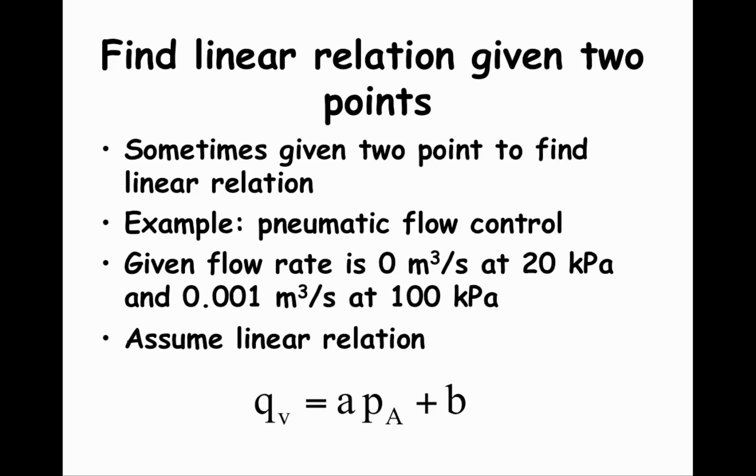We still assume that the relation between the actuator flow rate and the pneumatic control signal is linear, given by Qv equal to A times Pa, which is the control signal pressure, plus B. A is the slope and B is the zero-intercept.